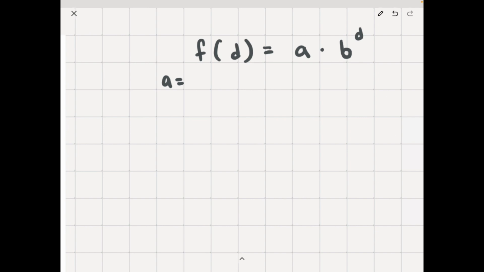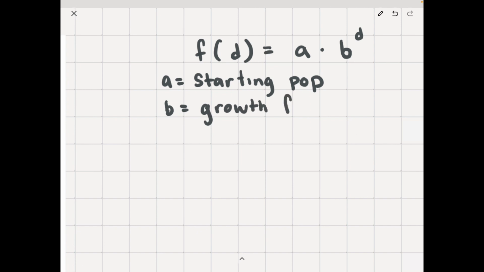A represents our start, so we'll call it starting population, and B represents our growth factor. This information is all we need in order to write our function, and that'll help us determine what's the deal with this student statement of a 2.84% growth rate each year.